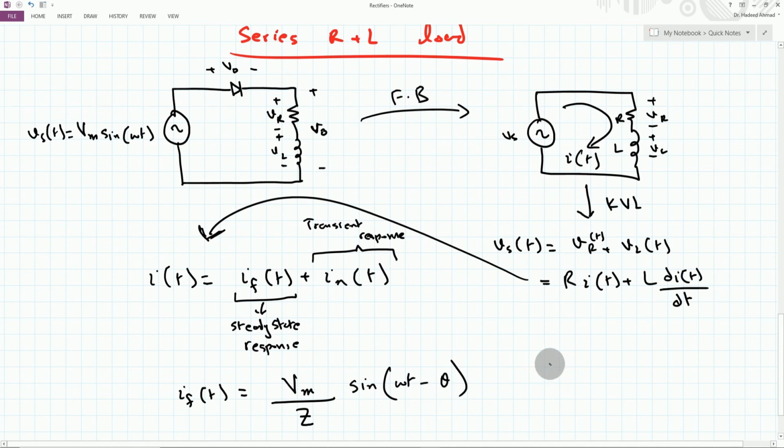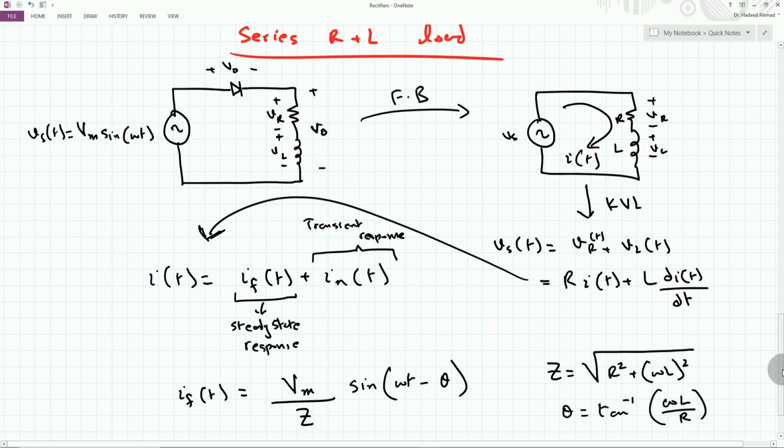Now what is this Z? We earlier know that Z is equal to the square root of R squared plus (omega L) squared, and theta is equal to tan inverse of omega L over the resistance R.